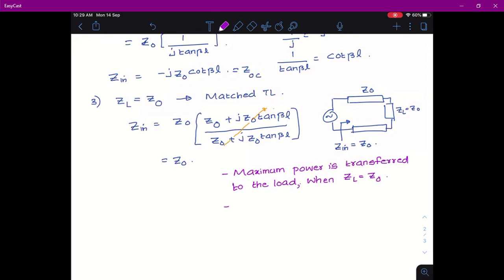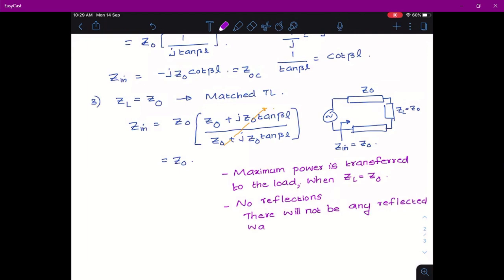It also gives no reflections, or you can say that there will not be any reflected waves.